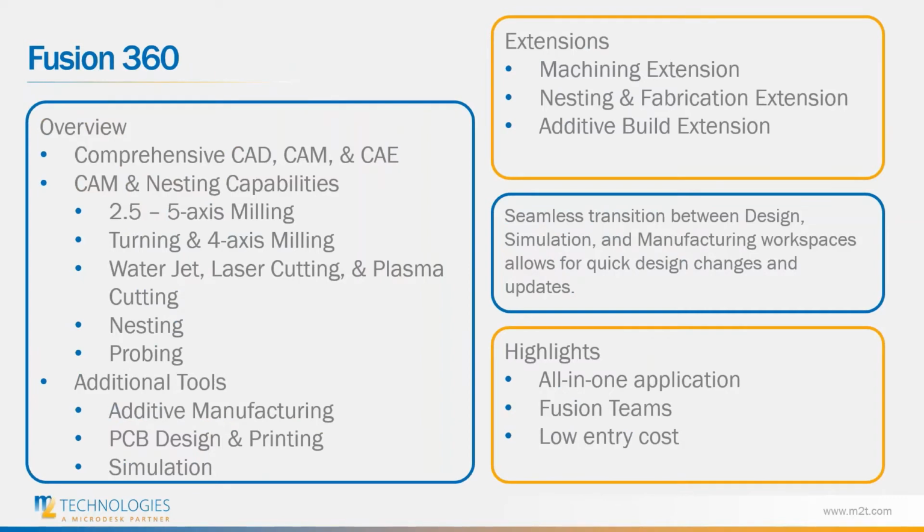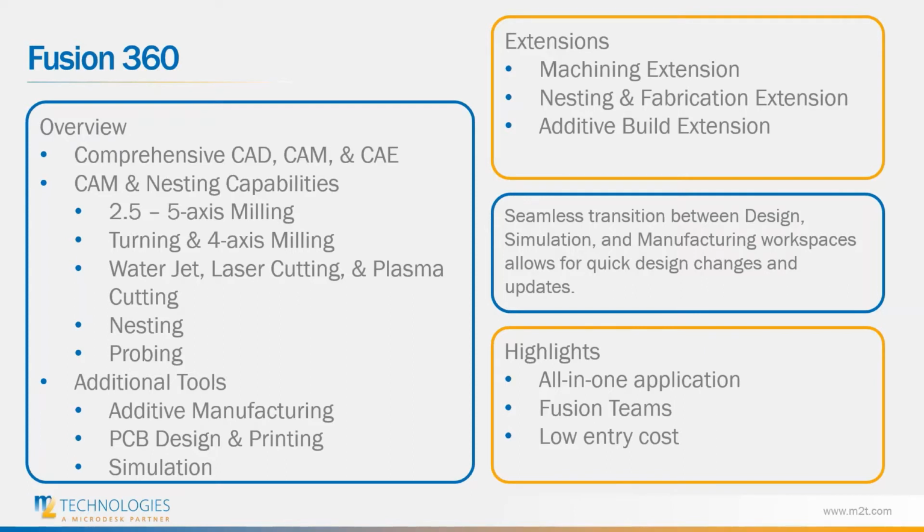So we're going to start by looking at Fusion 360. Fusion 360 is a comprehensive CAD, CAM, and CAE, which is computer-aided engineering software. Within its CAM and nesting capabilities, Fusion 360 has 2.5 up to 5-axis milling, turning, and 4-axis milling, as well as cutting operations, including water jet, laser cutting, and plasma cutting.